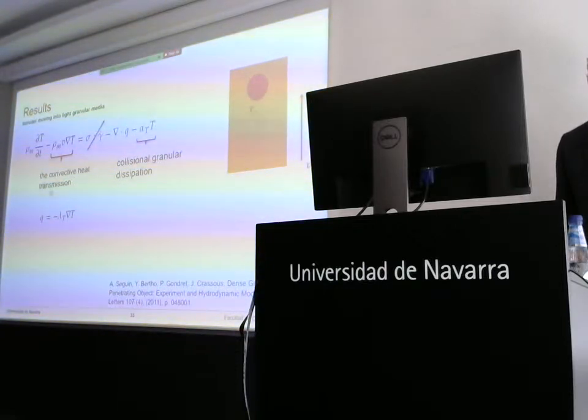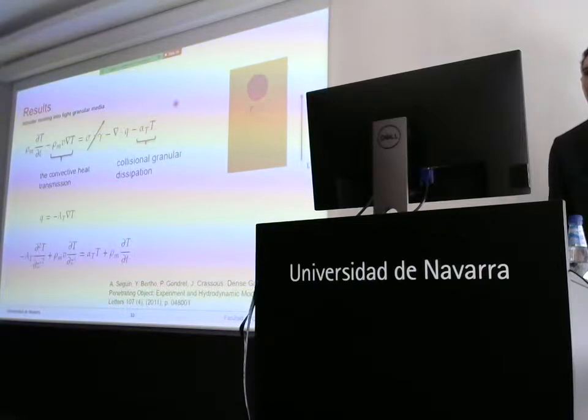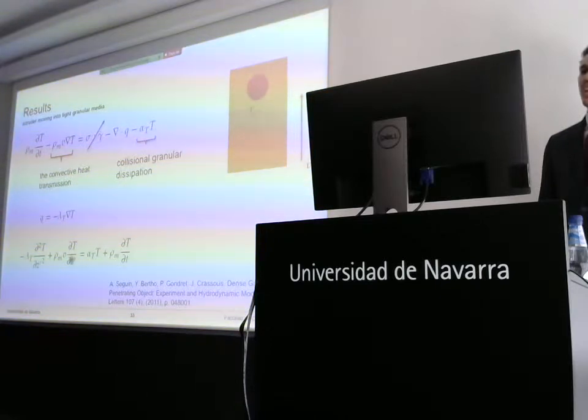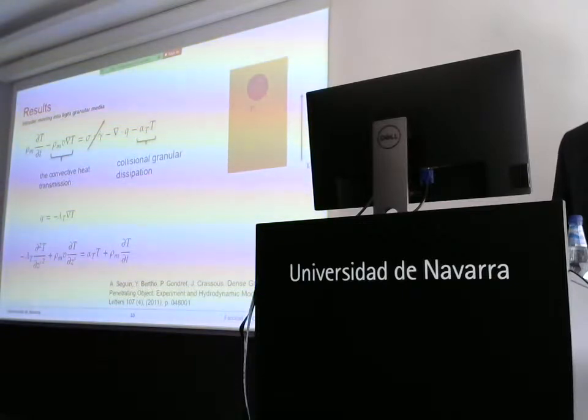So if we apply the Fourier law and insert it in the original equation, we can obtain this differential equation that describes the evolution of the temperature with the time and with the distance between the granular bed and the intruder.